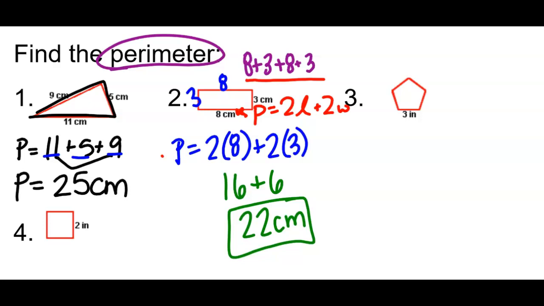Now, number 3 is a little weird. We've got all kinds of sides, so we can label all those sides as being 3's because this is what's called a regular pentagon. It's got 5 sides, so it's a pentagon, and it's regular, meaning all the sides are equal.